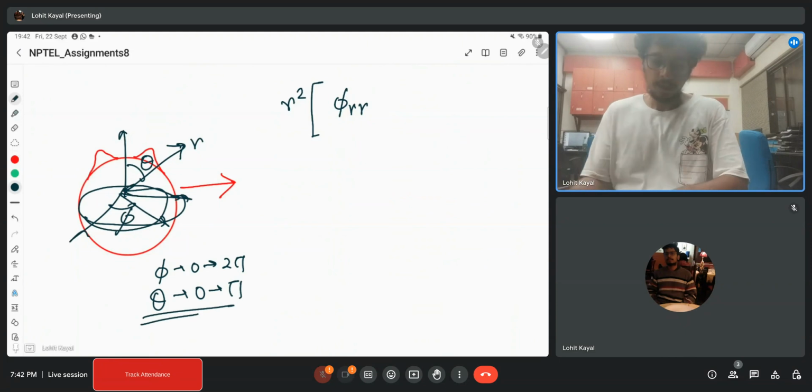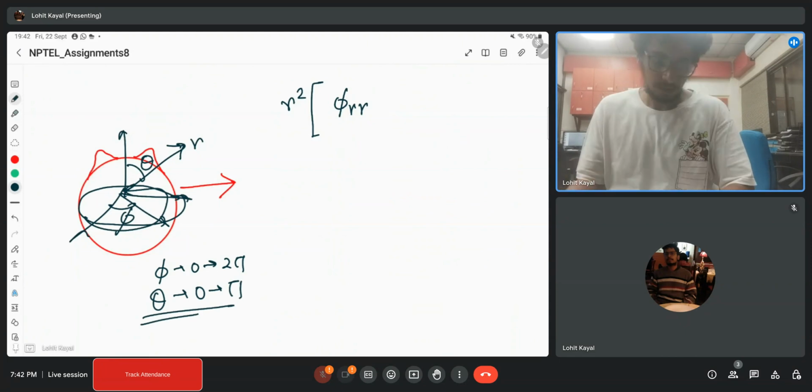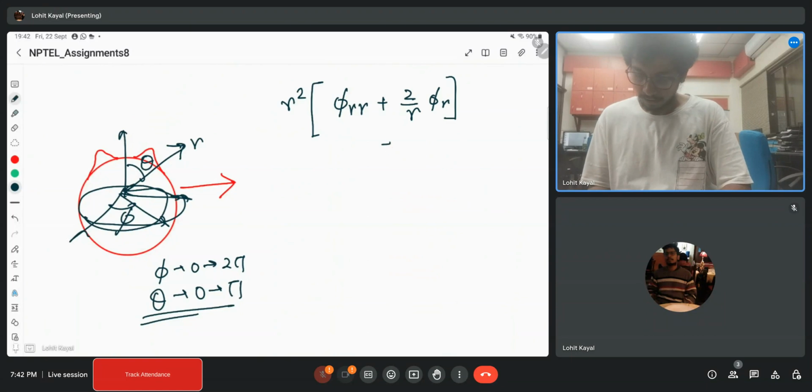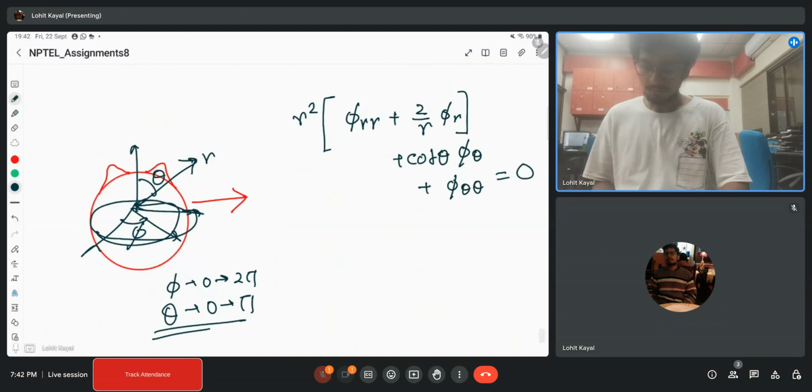So there is no phi dependence in our calculation. We will treat phi as the velocity potential. So phi r plus 2 by r phi r plus cot theta phi theta plus phi theta theta is equal to 0.